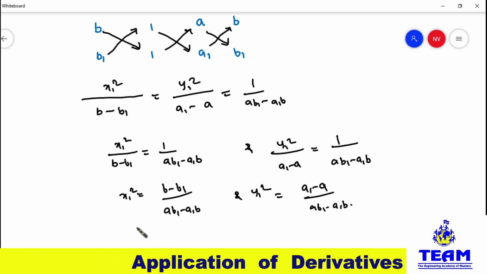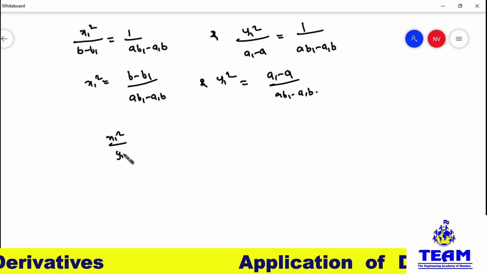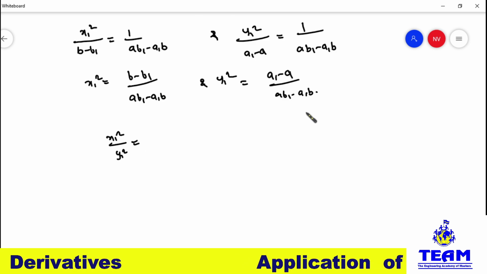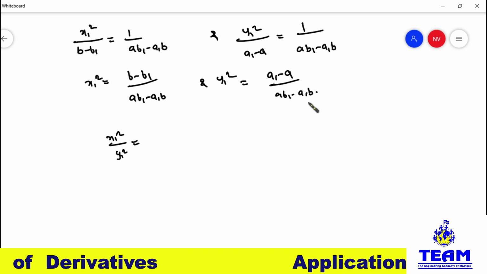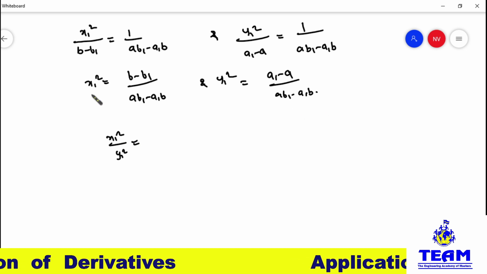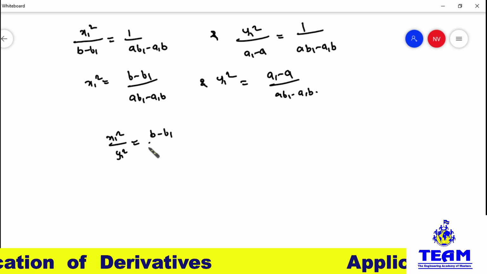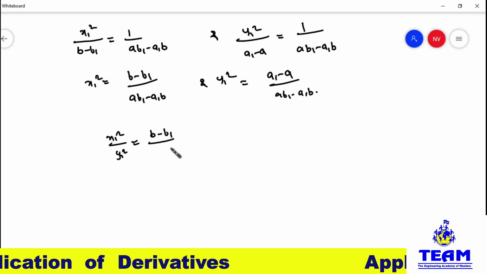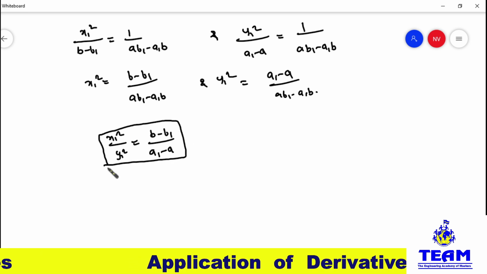From these two you can also say that x1 square by y1 square is equal to, these two are getting cancelled or not? You see, friends, denominator ab1 minus a1b, ab1 minus a1b, both are getting cancelled when you are doing x1 square by y1 square. Then you will have b minus b1 by a1 minus a. This is the relation in between intersecting points we have.